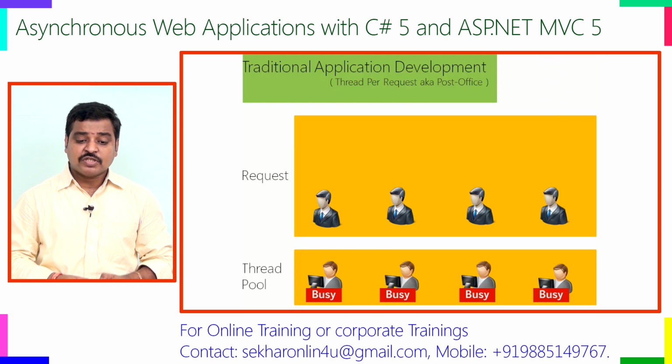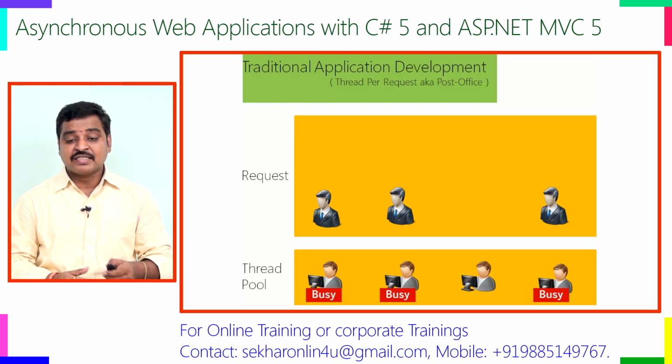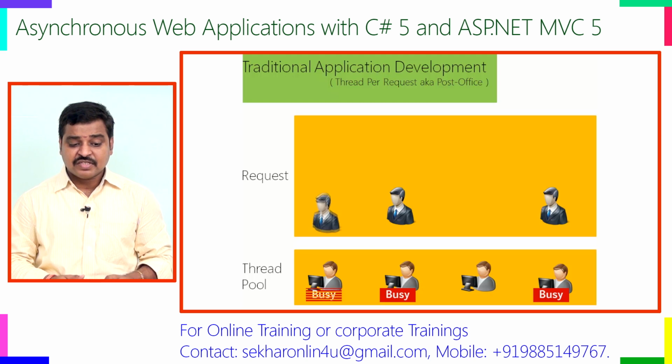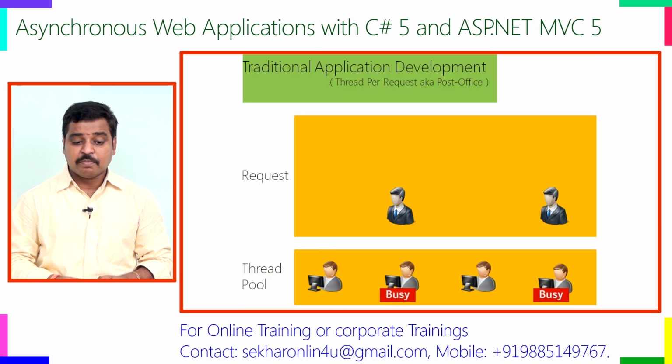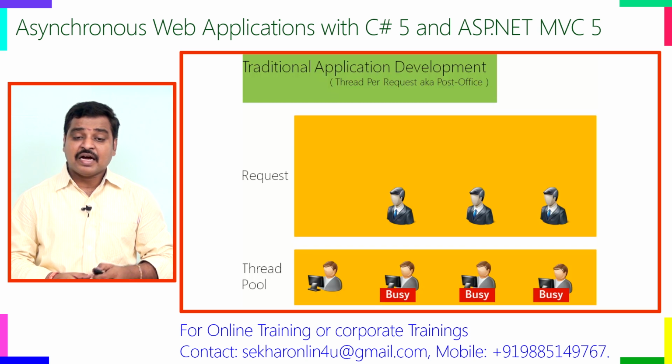Once the processing of the request has completed, the response will be given and the thread will be free for accepting further requests. If any other requests are completed, the same thing happens. In case a new request comes, a thread will again be assigned for that request and it will process the instruction.